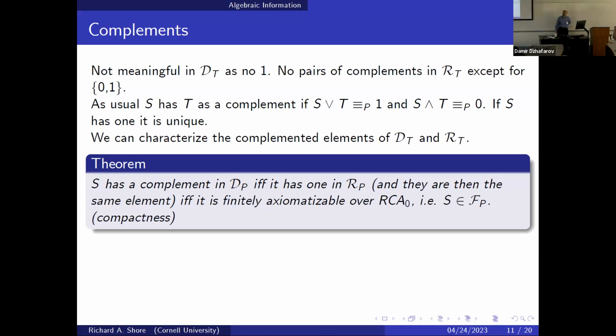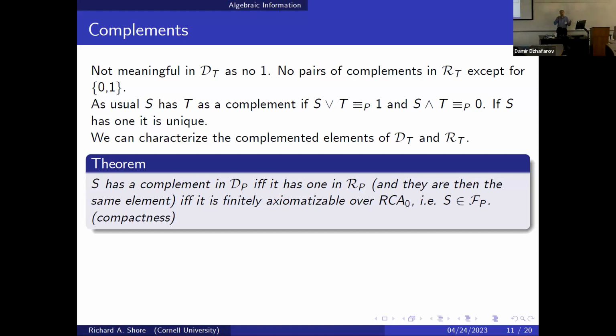So what are the complemented elements in the degrees of provability? It turns out they're exactly the finitely axiomatizable ones. And this argument essentially boils down to compactness. You have to play around.